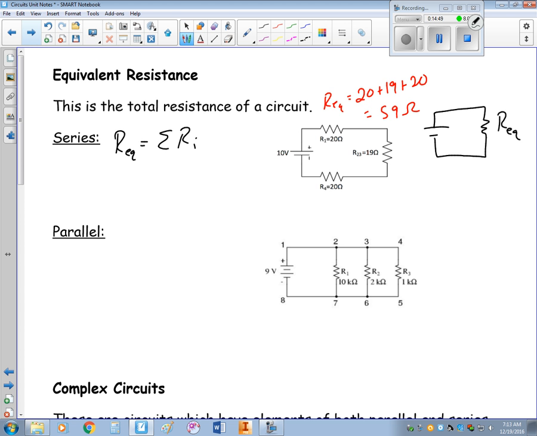Parallel is a little more tricky. The equivalent resistance for a parallel is the sum of 1 over all of the individual resistances, and then we have to invert that. So for this one, the equivalent resistance would be 1 over 10,000 plus 1 over 2,000 plus 1 over 1,000.